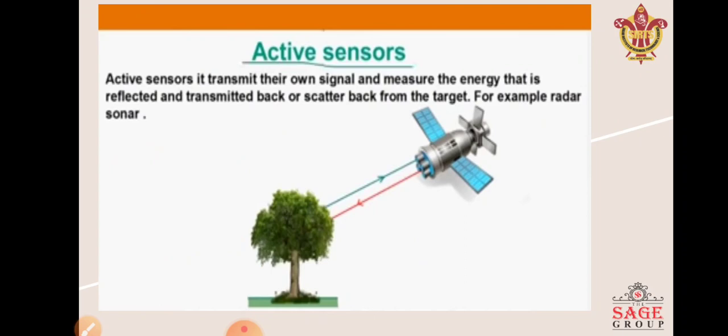Now, active sensors. An active sensor is not dependent on external energy. It has its own energy source or light. For example, imagine there is a camera that has a flashlight. When you click a photo at night of any room or object from the camera, that photo will give some images or data because it has a flashlight.